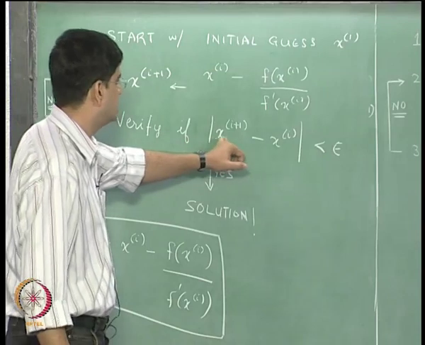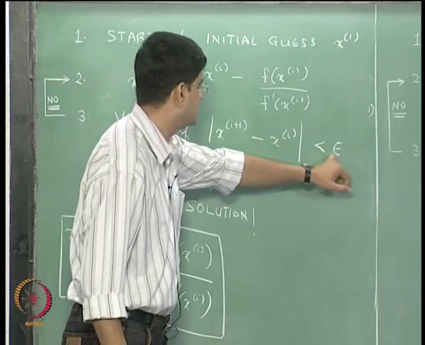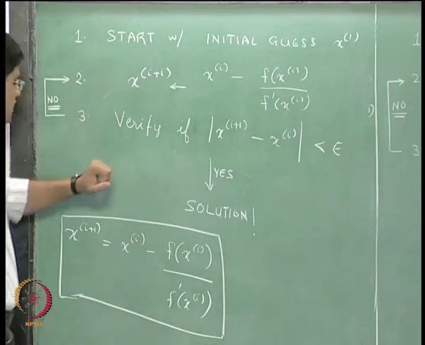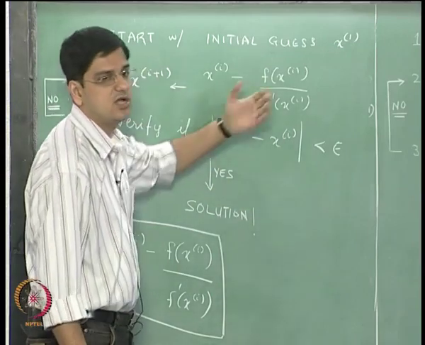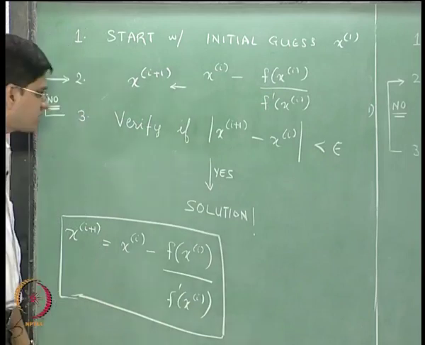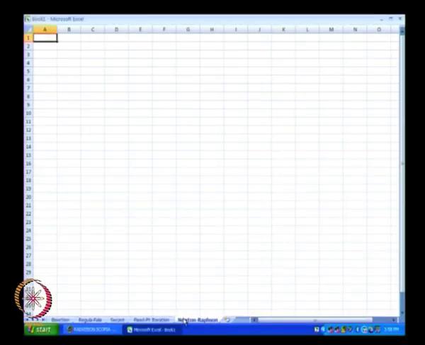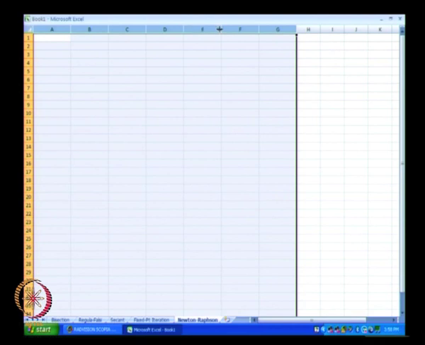Verify if xi plus 1 minus xi is less than epsilon. If it is less than epsilon, it is the solution. If not, we repeat until we get convergence. This is our algorithm for the Newton-Raphson method, which, like fixed point iteration, starts with just one initial guess and not two.